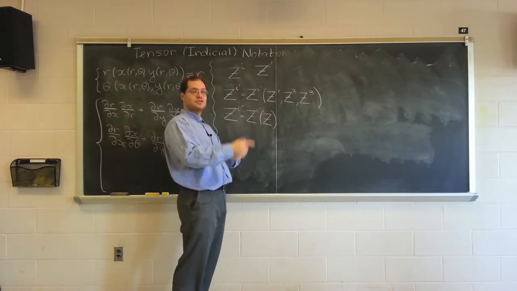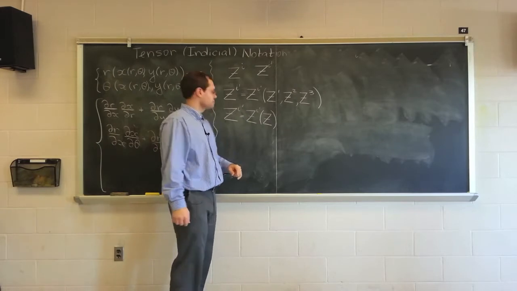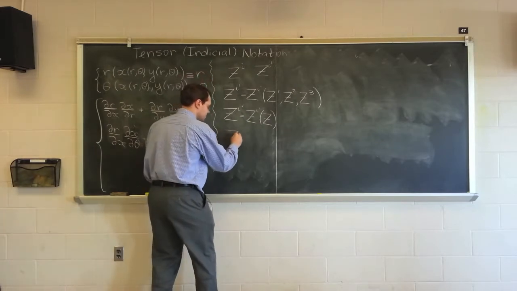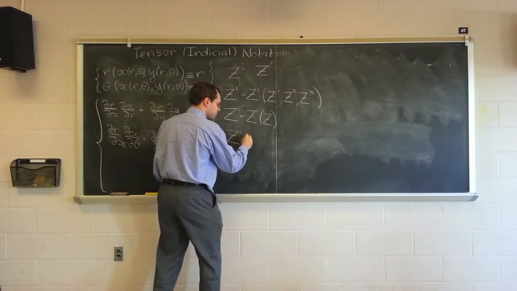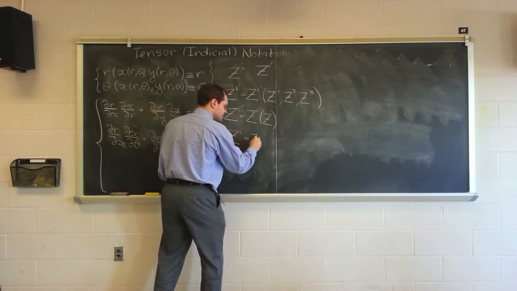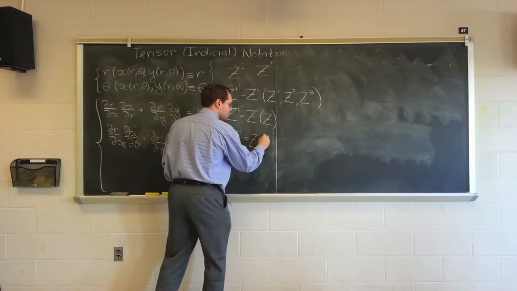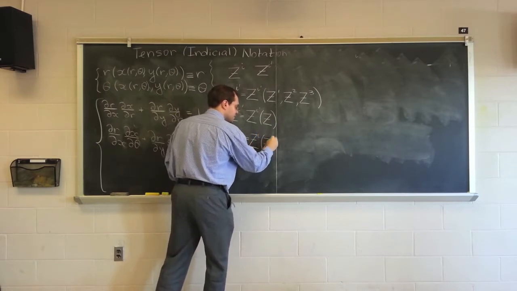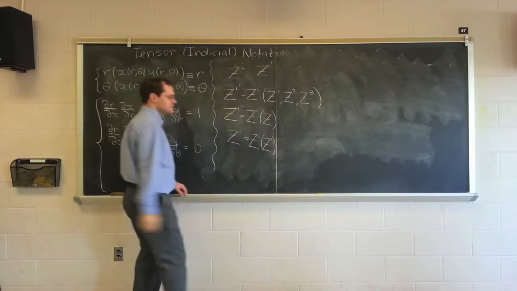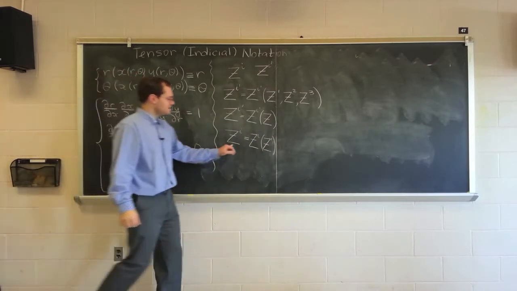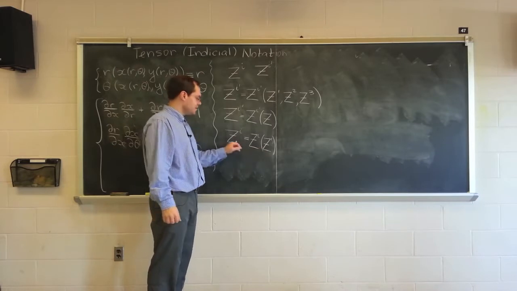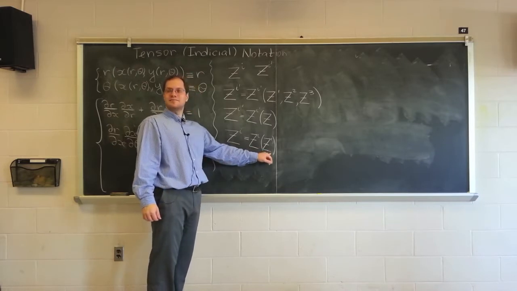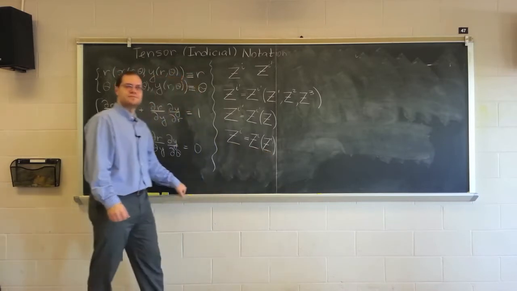Now, of course, there's a reverse relationship. The reverse relationship in compressed form reads like this: Zi equals a function of the prime variables. Here the prime goes on the letter itself because the index is suppressed. This is saying x equals r cosine theta, and y equals r sine theta, but in compressed form.